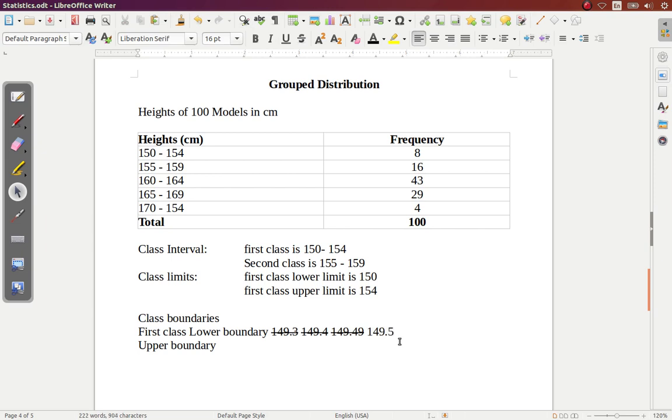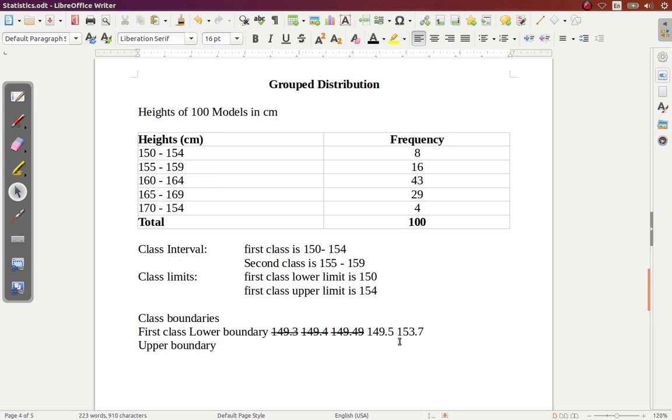What about 149.5? Yes, because you would round this up to 150. Alright? You round it up to 150. Good. You could go 153 point whatever, 0.7.